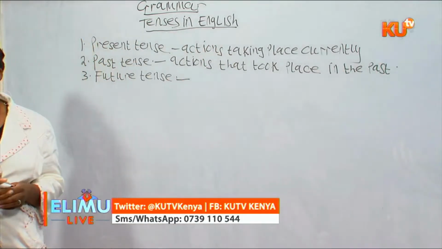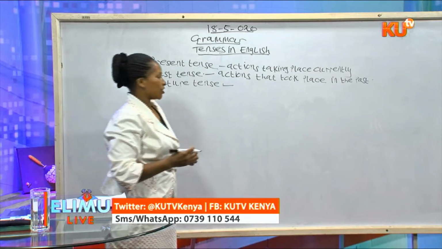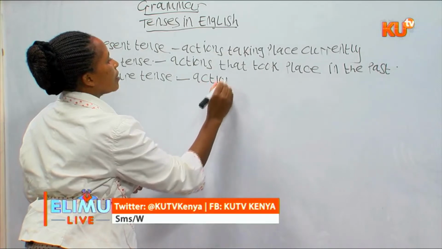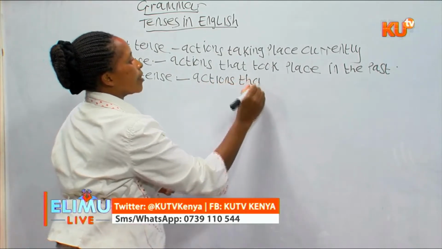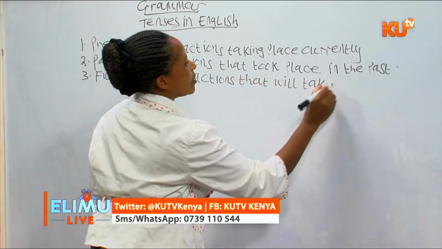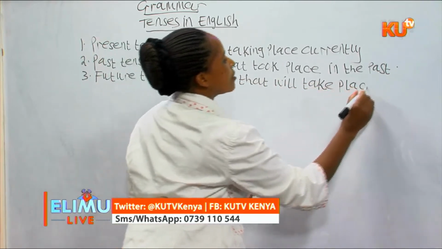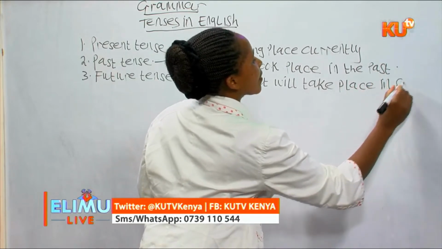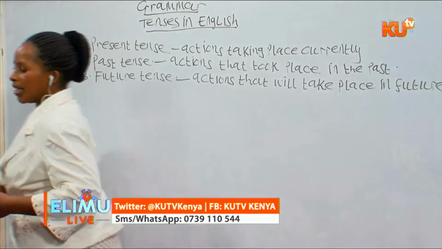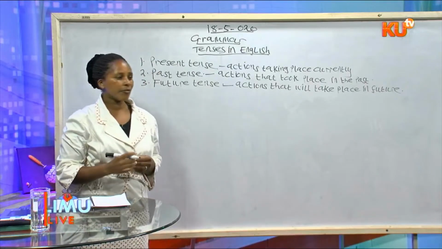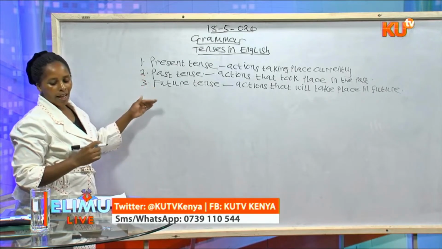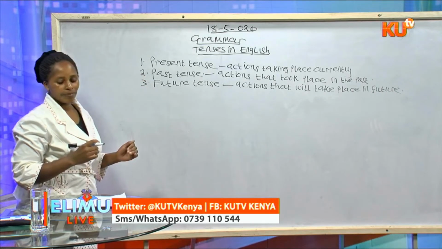The future tense talks about actions that will take place in future. So those are the three main types of tenses that we have: present tense, past tense, and the future tense.